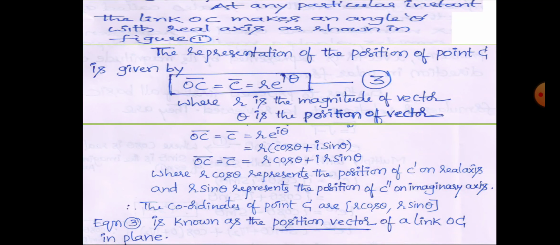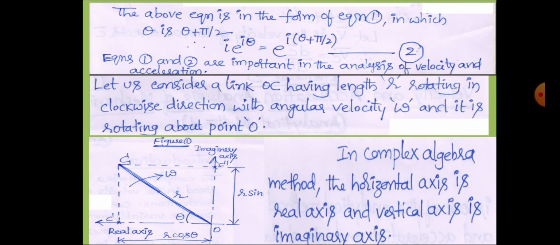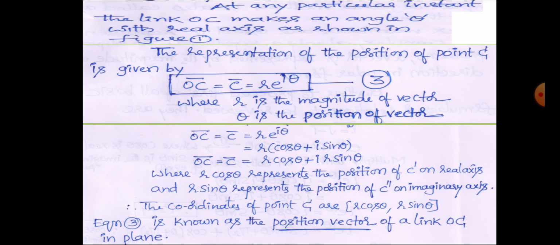Now at any particular instant, the link OC makes an angle theta with the real axis as shown in the figure. At any particular instant, the position of the link can be specified by making an angle theta. That is the meaning of this sentence. At any particular instant, the link OC, let us say, is making an angle of theta with the real axis, which can be shown in figure 1.